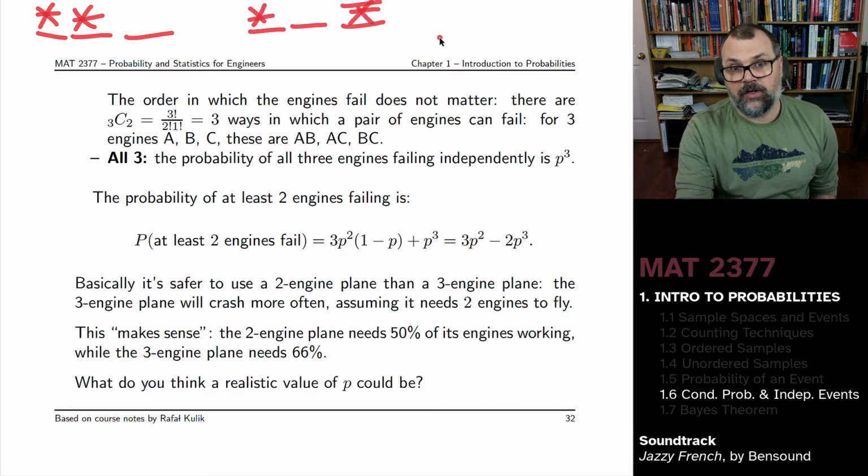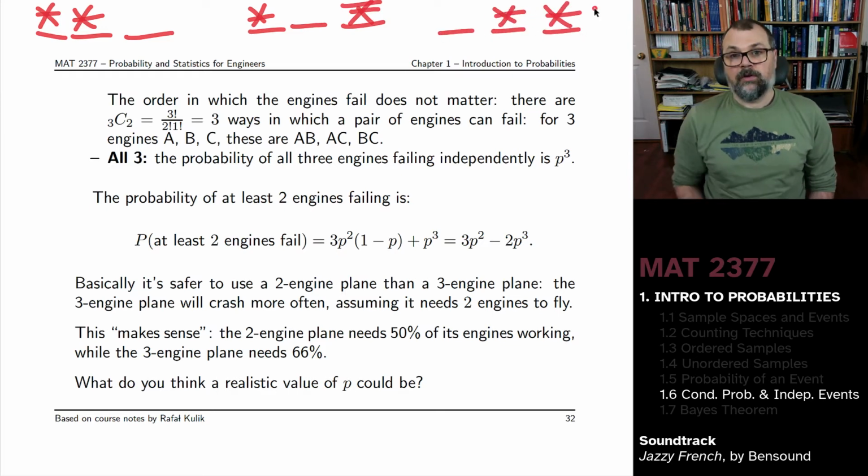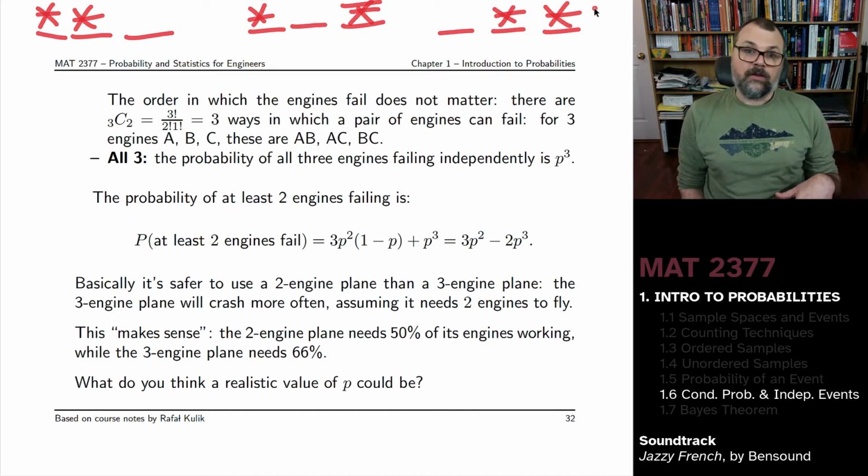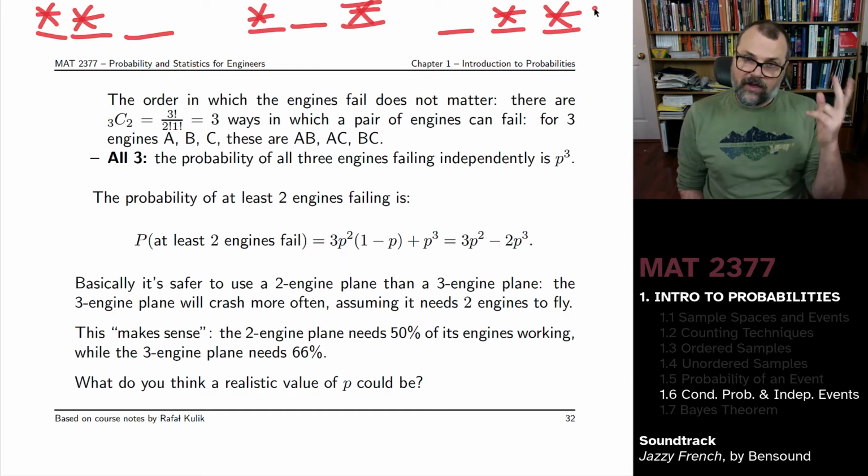And it could be that you have the last 2 engines. So 3 choose 2 is 3 factorial divided by 3 minus 1 factorial, which is 2, times 3 minus 2 factorial, which is 1, and that gives you a total of 3. 3 ways in which a pair of engines can fail. If you have 3 engines A, B, C, you can have AB failing, AC failing, or BC failing.